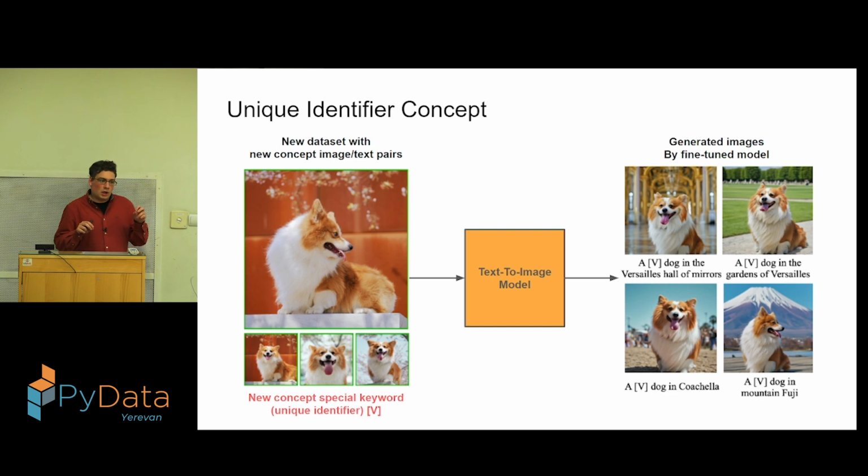If we chose a real word, for example if this is a dog and we assigned the keyword dog to this concept, it would be a problem, because you would intersect the original distribution of Stable Diffusion and have interconnected associations in the model.